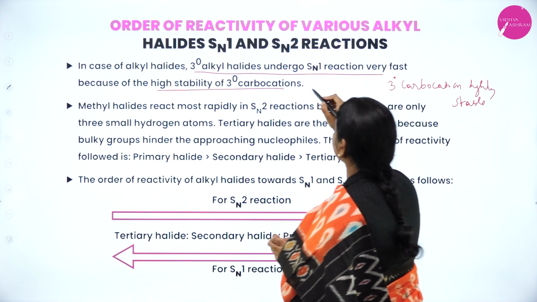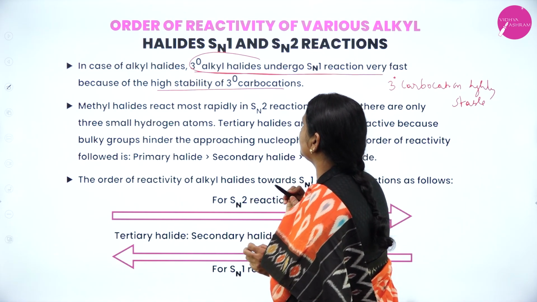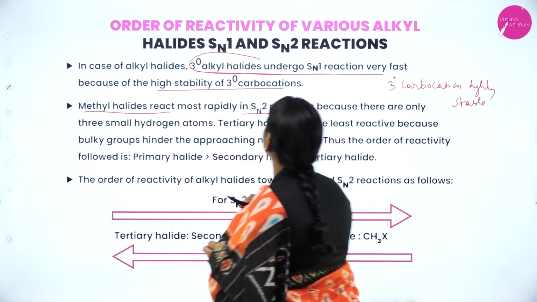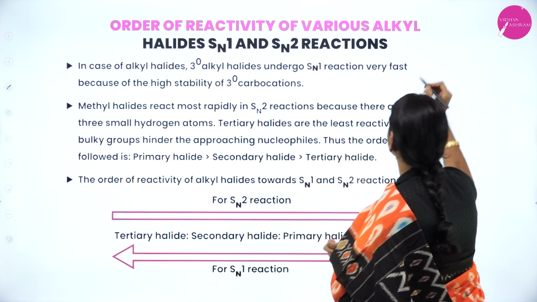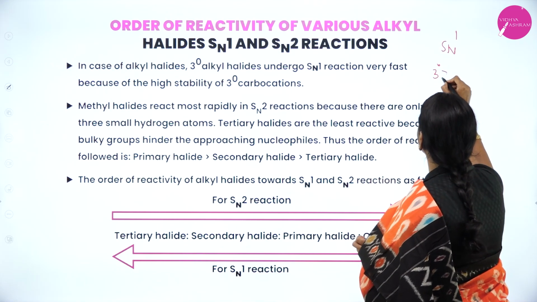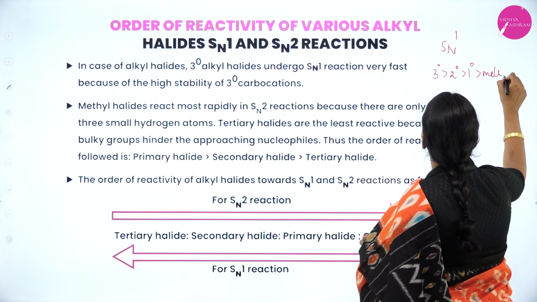That's why tertiary alkyl halides are very fast in case of SN1. But in case of SN2, methyl halides react most rapidly. Therefore, in SN1 mechanism, what's the order of reactivity? Tertiary, secondary, primary and methyl halide.